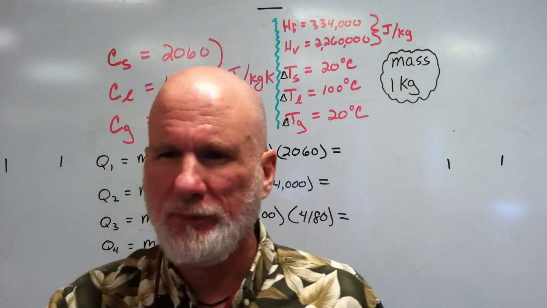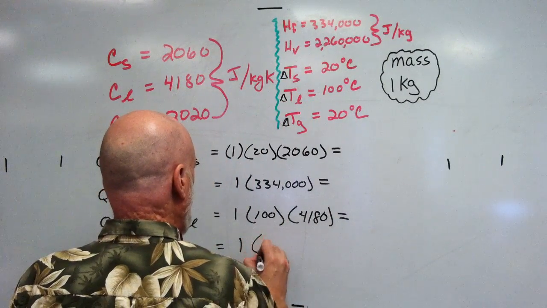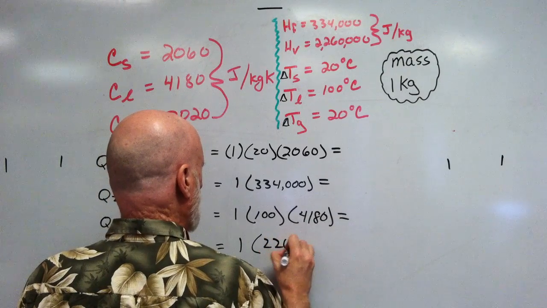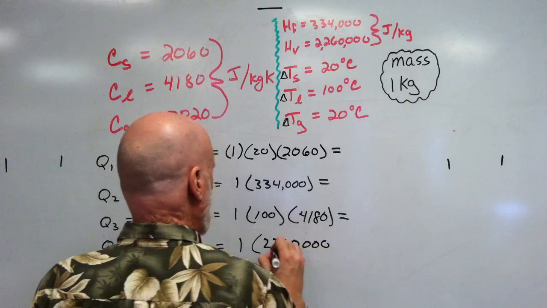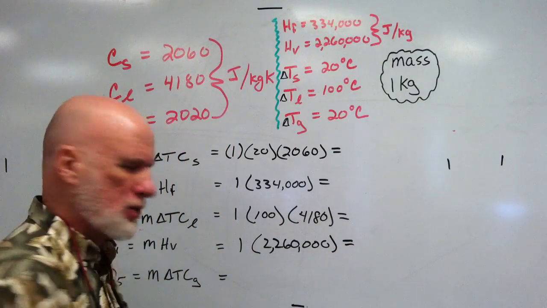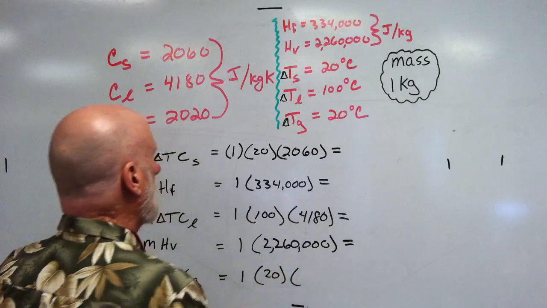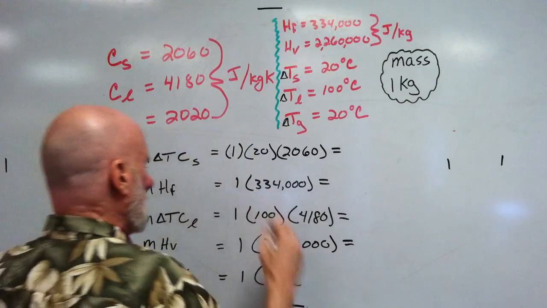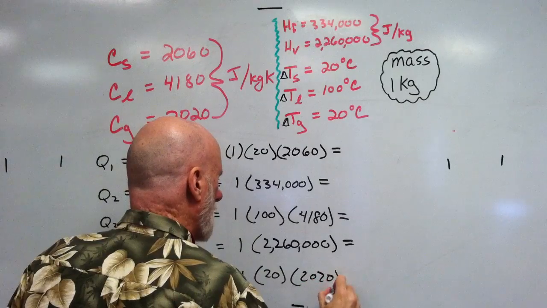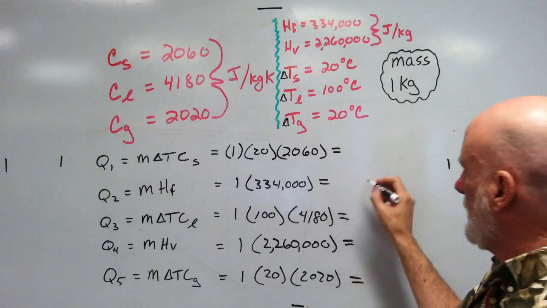This is going to be 1 times 2,260,000 equals, and then the last one would be 1 times 20 times 2020 for gas.